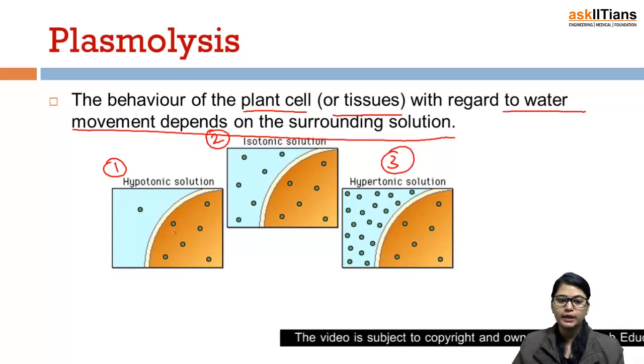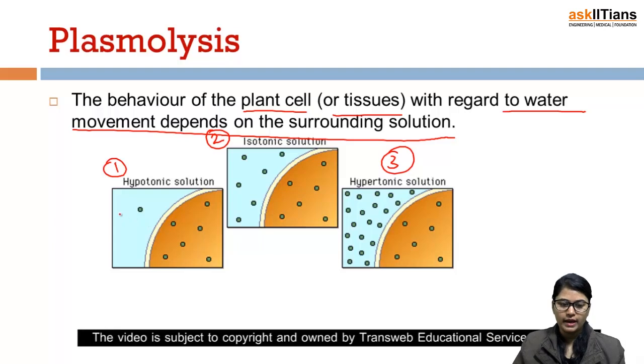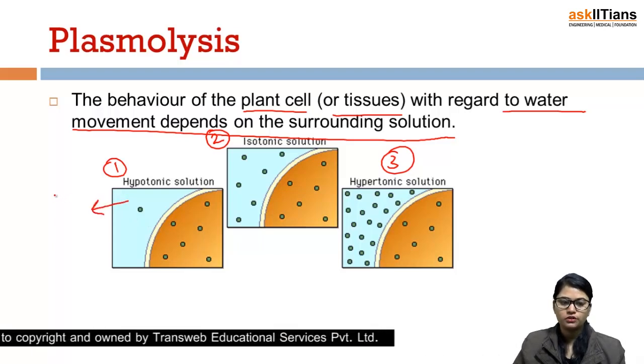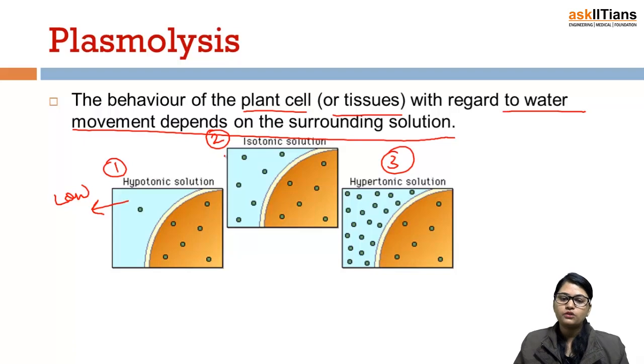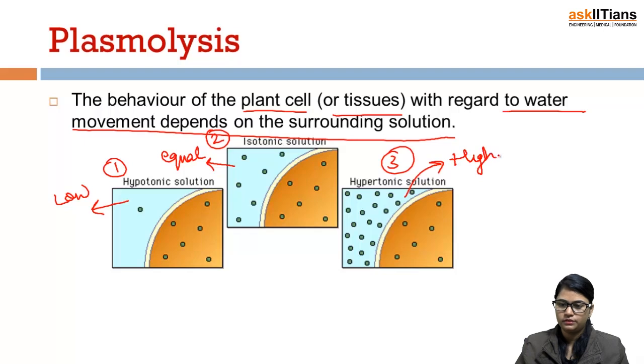So what is a hypotonic solution? Where the concentration of the solute is low. Isotonic, where the concentration of the solute is equal, and hypertonic, where the concentration of the solute is higher.